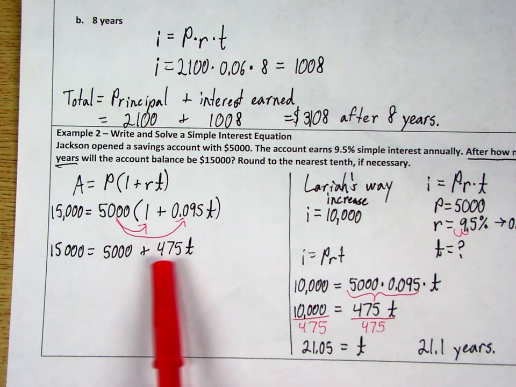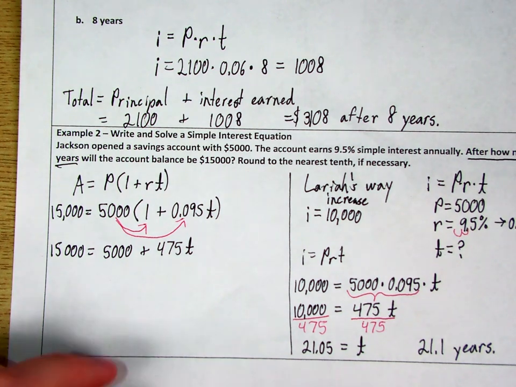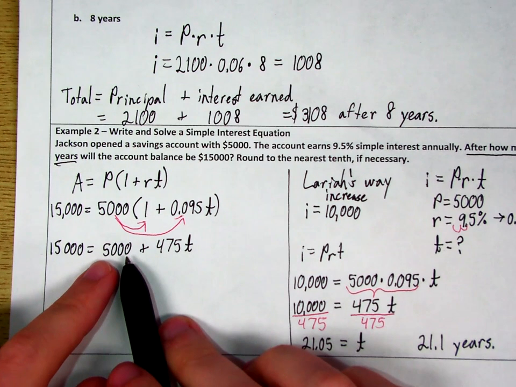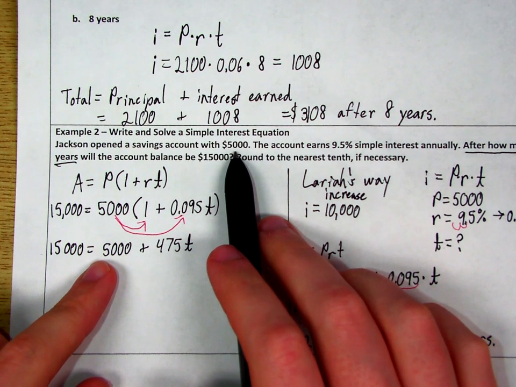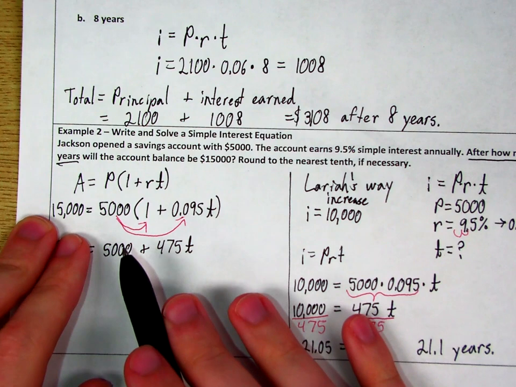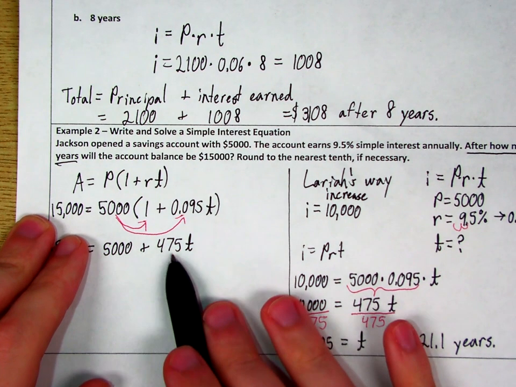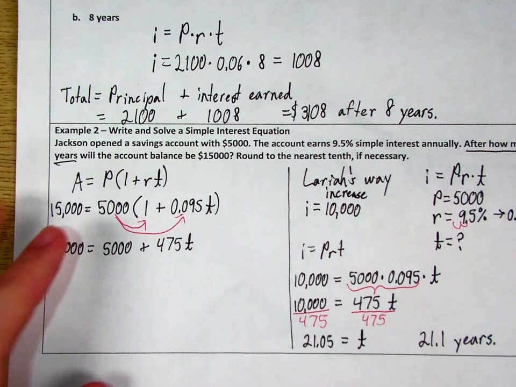What kind of equation does this look like? Well, if we think about it, Jackson's starting with $5,000. And T's the number of years. So this is saying he starts with $5,000 and he's earning $475 every year.